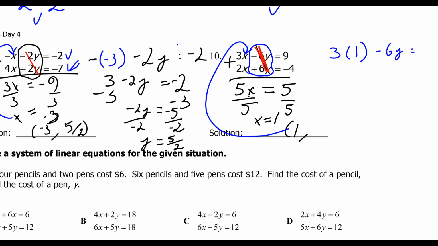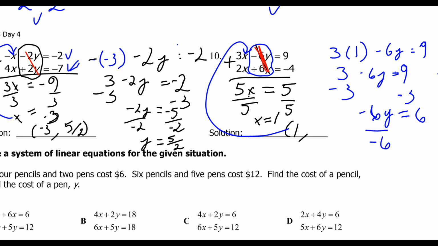We subtract 3 from both sides, and we got negative 6y equals 6. We divide each side by negative 6, and we're left with y equaling negative 1. Alright, so these aren't too terribly difficult. Just make sure that you find the zero pair, is essentially what it is all about.